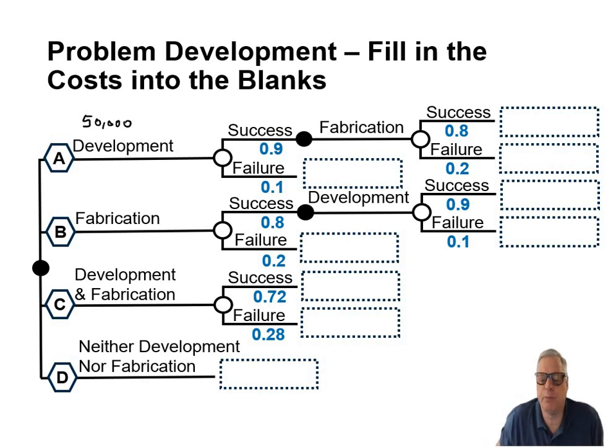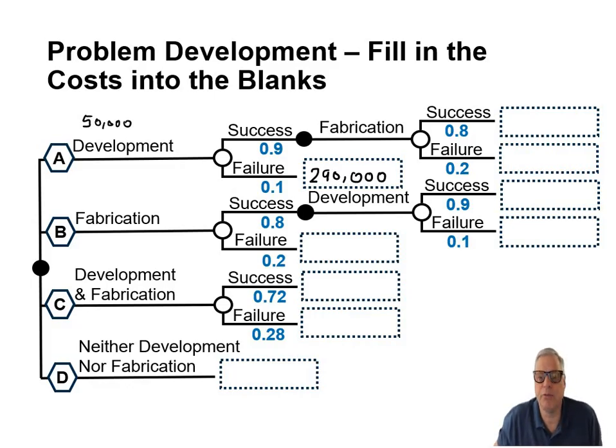So then we have to buy the 10,000 engines at the price of 24. So that's 240,000, but plus the 50,000 in development that we invested. So here we would then get a payoff of 290,000.